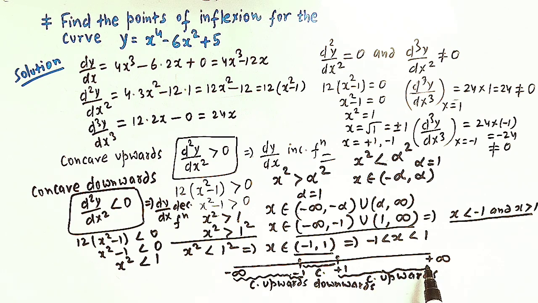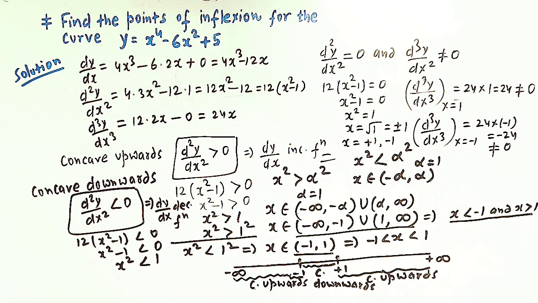And from this real number line we can draw the conclusion that at this point, that is minus 1, the concavity changes from concave upwards to concave downwards. And at this point plus 1, the concavity again changes, that is from concave downwards to concave upwards, right?